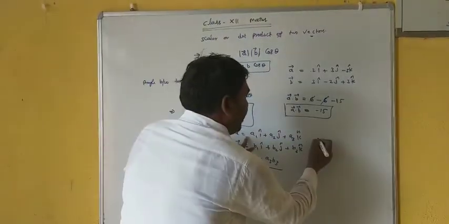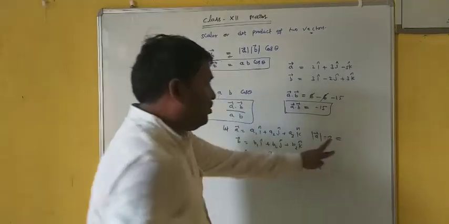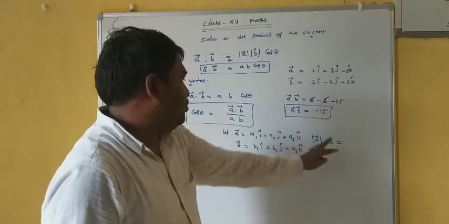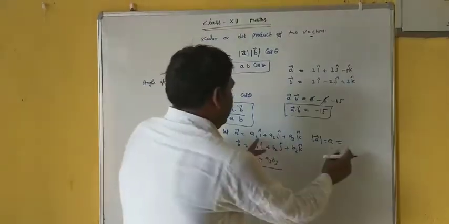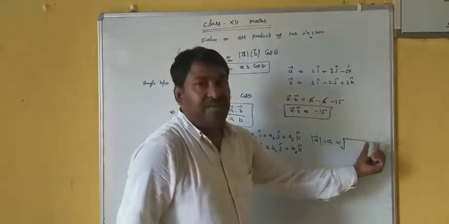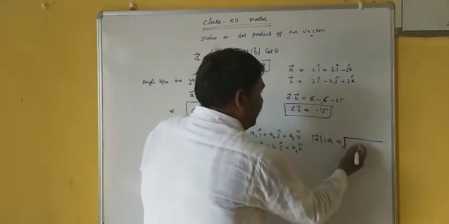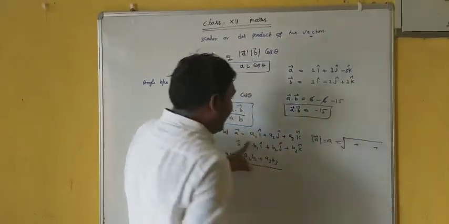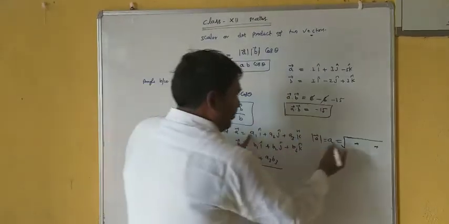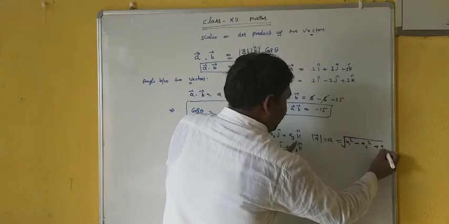See how can you find modulus of vector A? Modulus of vector A is written like this. Sometimes we write without arrow, only A. It means this is the magnitude of this vector A. Therefore, this will be under root of the sum of squares of the coefficients of i, j and k. So A1 square plus A2 square plus A3 square.